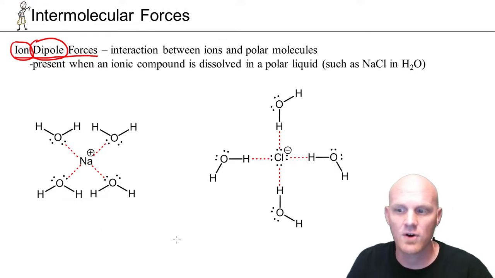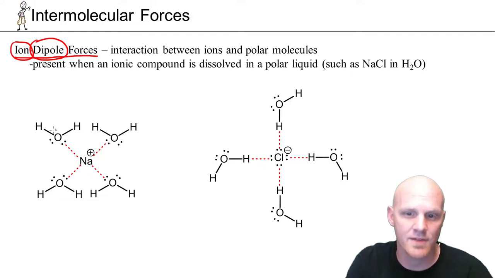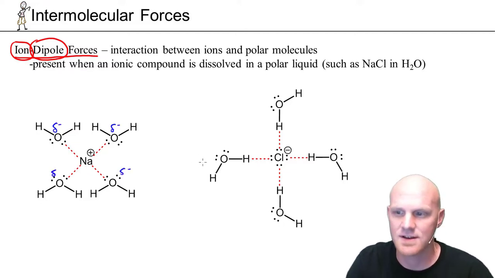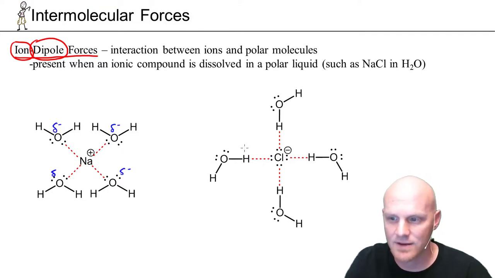If I dissolve salt, NaCl, in water, you'll see the sodium ions, being positively charged, get surrounded by the partially negative oxygen atoms of the water molecules, and we form these ion-dipole interactions. Whereas the chloride ion, being negative, is going to be interacting with the partially positive hydrogen atoms of the water molecules.